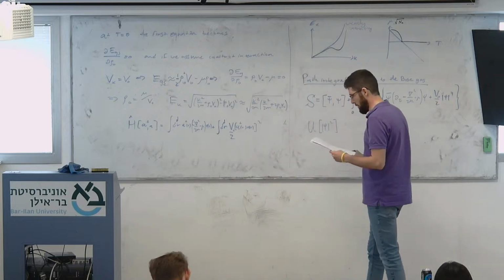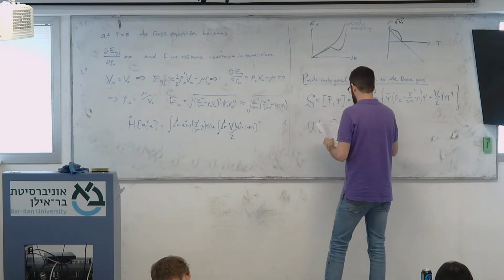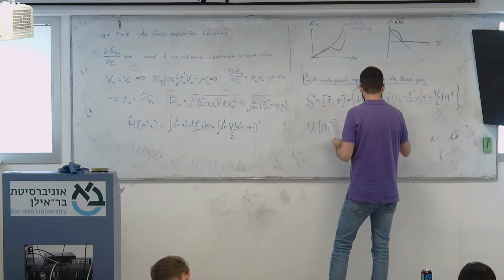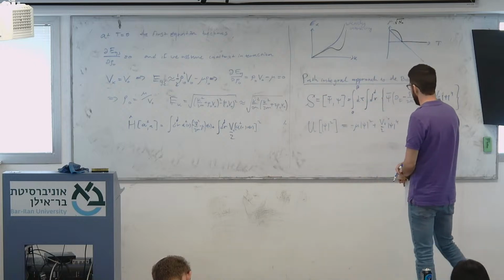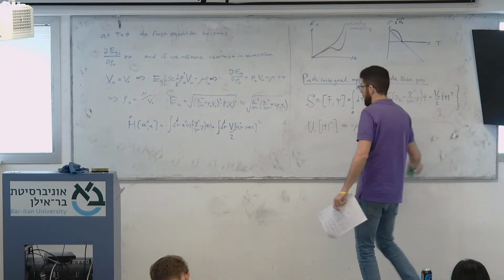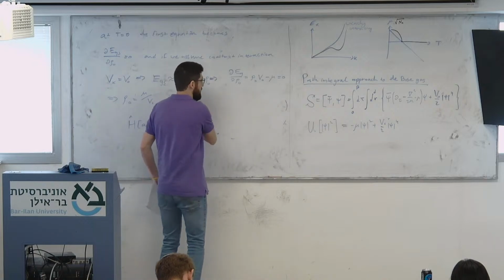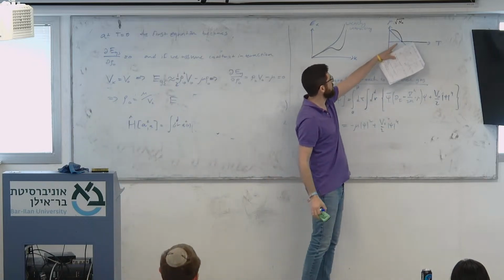This is the potential energy, minus mu psi squared plus V naught over 2 psi to the 4th. And if I draw this potential, look at this plot here.